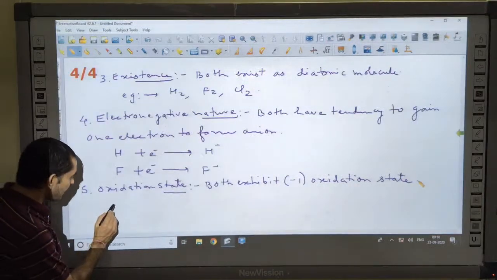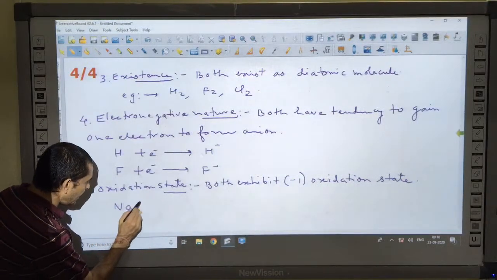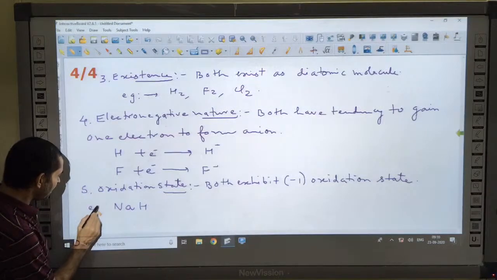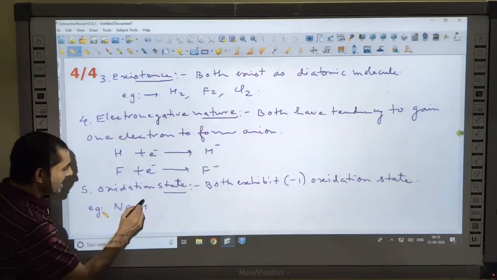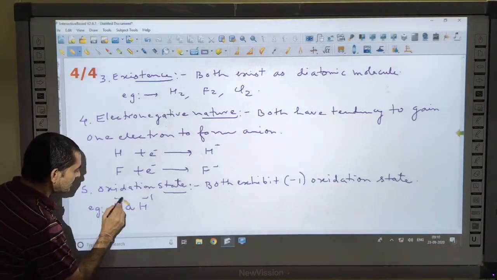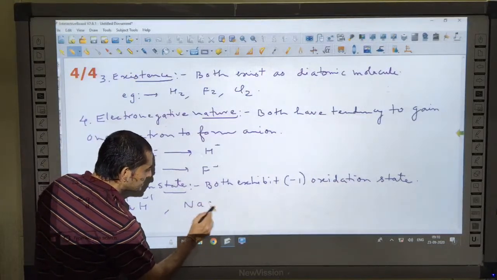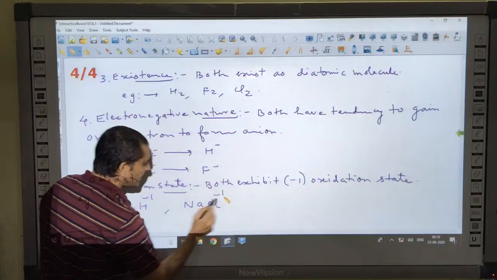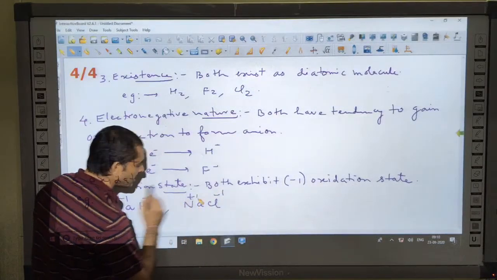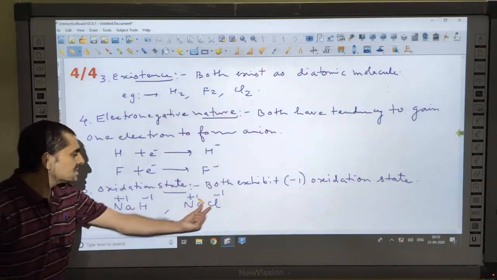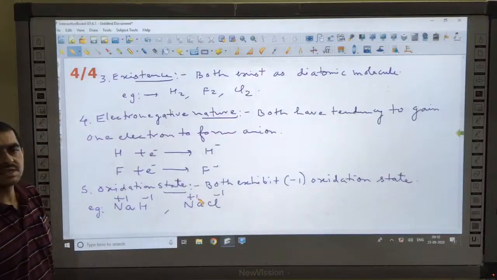For example, if I am writing NaH, hydrogen is -1 and sodium is +1. Similarly, if I have written NaCl, Cl is -1, sodium is +1. Now you can see both are having -1 oxidation state.